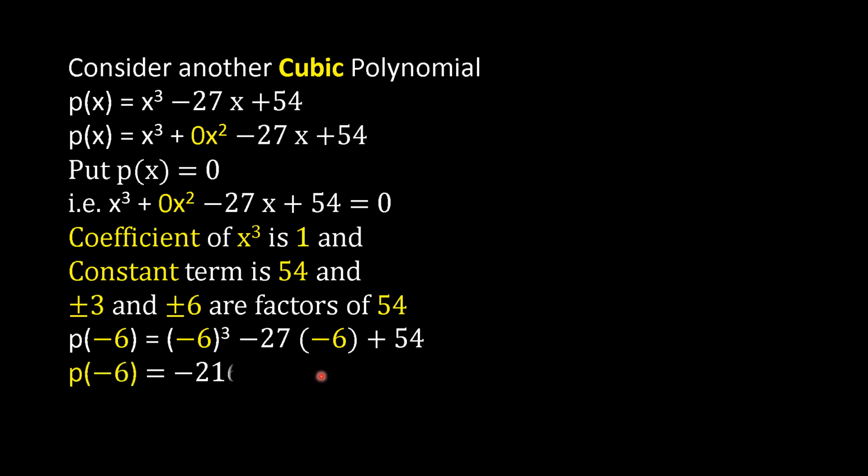It gives us P of minus 6 equals minus 6 cube is minus 216, minus 27 multiplied by minus 6 is 162, plus 54. 162 plus 54 is 216, and minus 216 plus 216 gives us 0.